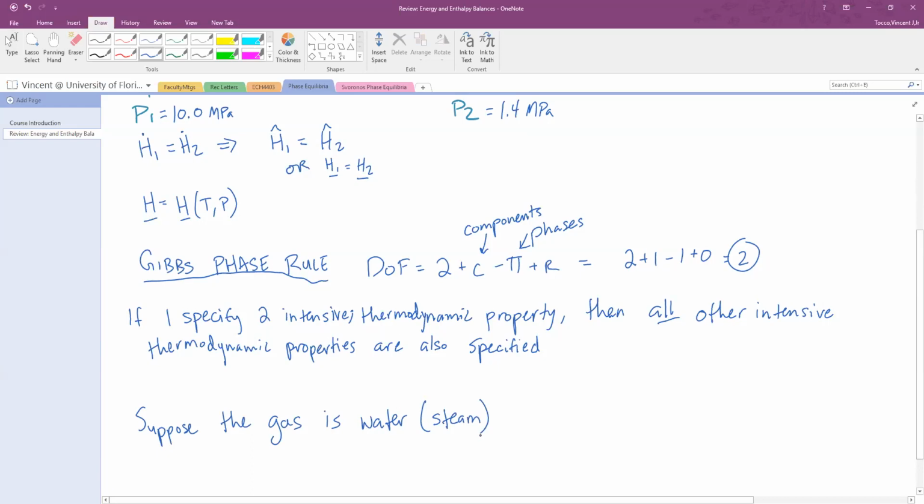How would I figure out what H as a function of T and P is? Well, water is arguably one of the most common chemicals, and because water is so commonly used, if I wanted to know what the enthalpy at a certain T and P were, I would have to look at the steam tables.